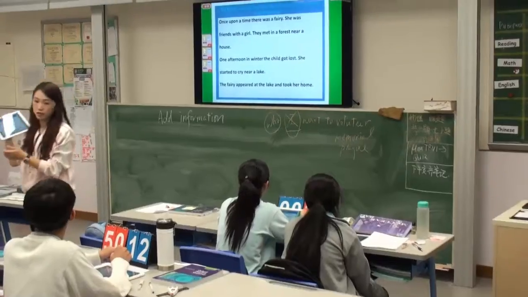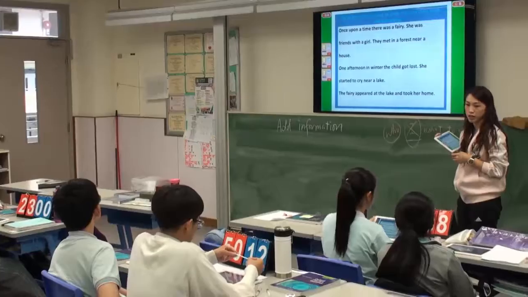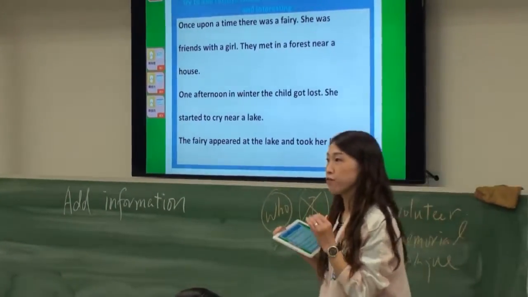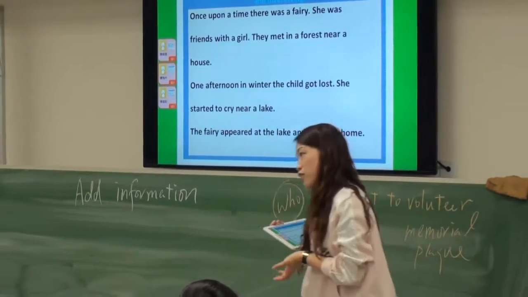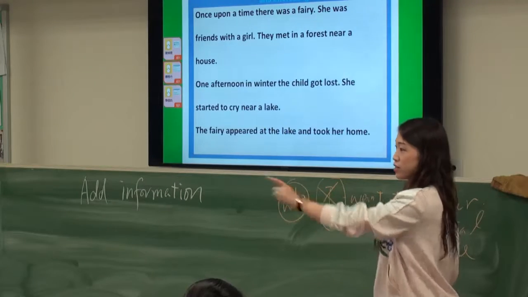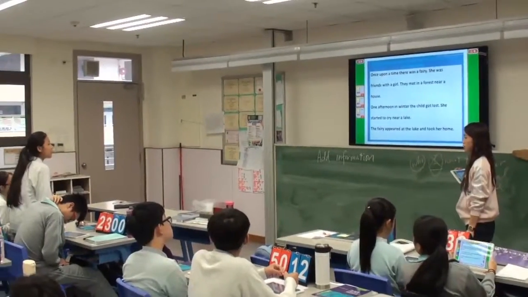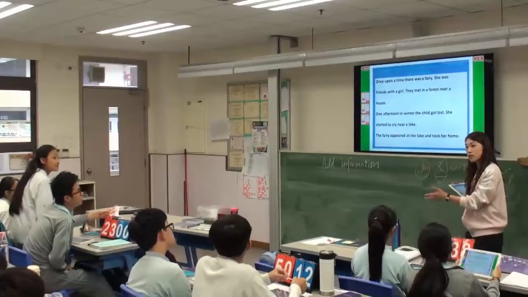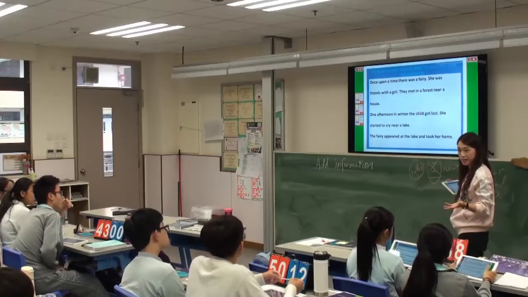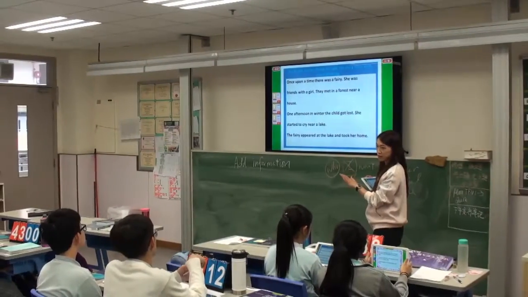Okay, so let's take a look at this one. So read the first sentence together. Go. Okay, so if I want to add a relative clause in, what kind of things can I add? Okay, so Yo-Yo. Once upon a time, there was a fairy who was helpful and nice. Okay, so good. Or anything else that makes it interesting?